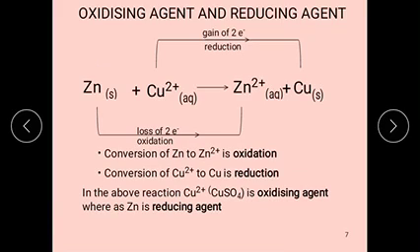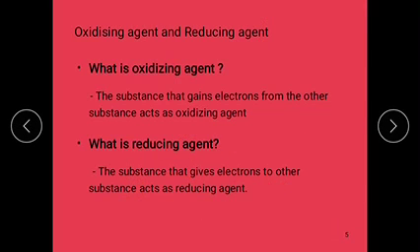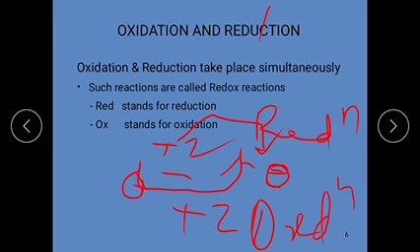The substance that gains electrons from another substance is called the oxidizing agent.